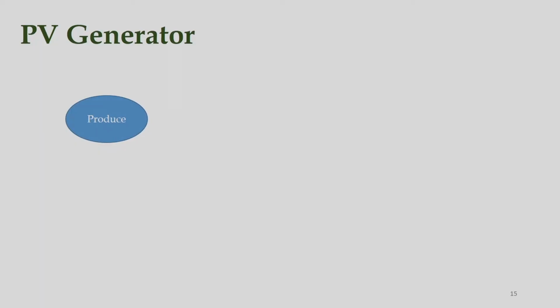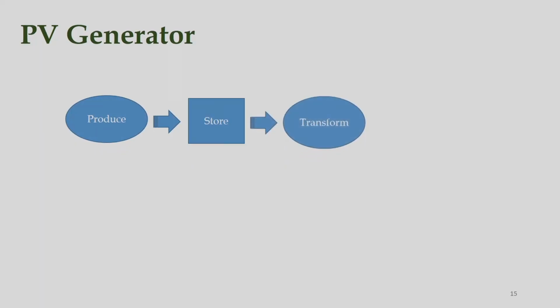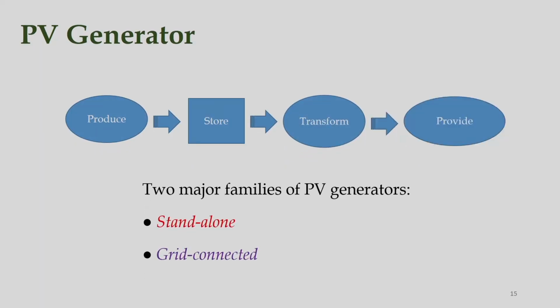As far as the PV generator is concerned, it has different components: we have to produce the electricity, then we have to store it, and then transform it, and then finally we have to provide the power. This is how a PV generator works, and there are two primary families of PV generator. One is the standalone system and the other one is the grid connected system.